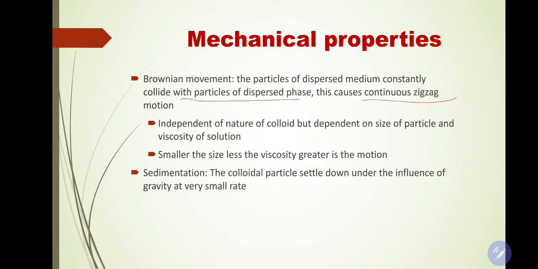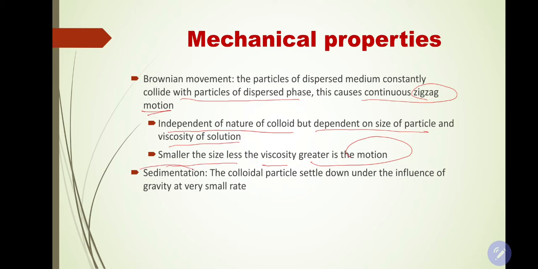This is the Brownian effect; it is independent of the nature of the colloid, but dependent on the size of the particle and the viscosity of the solution. Smaller the size and less viscous, greater is the motion; larger the size and more viscous, lower the motion.